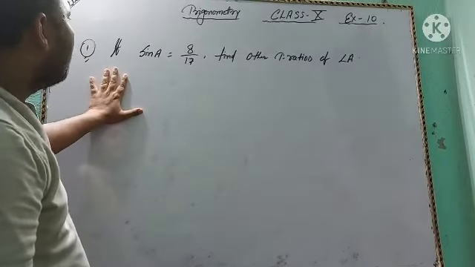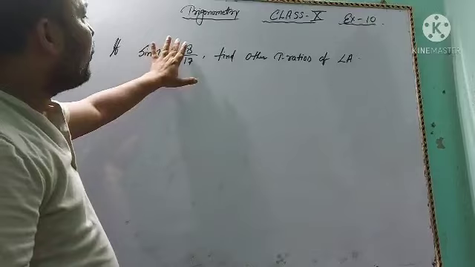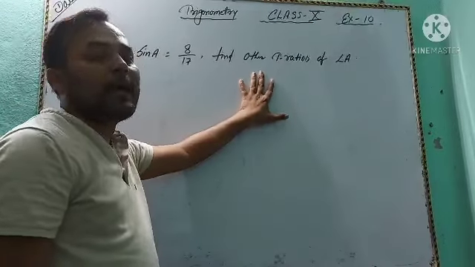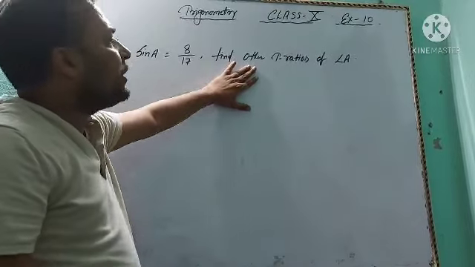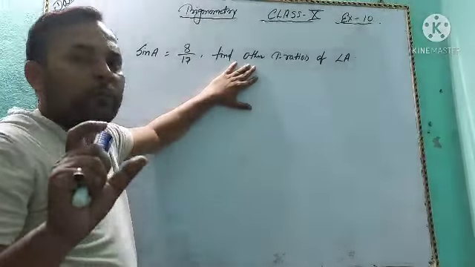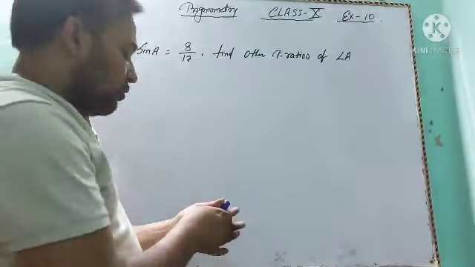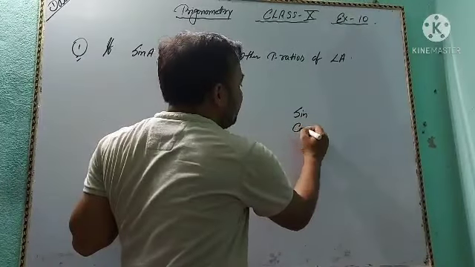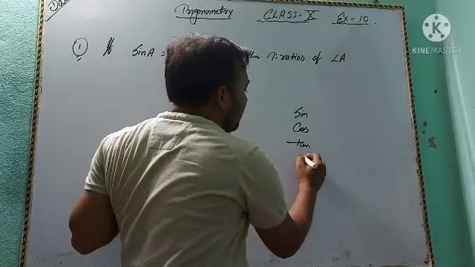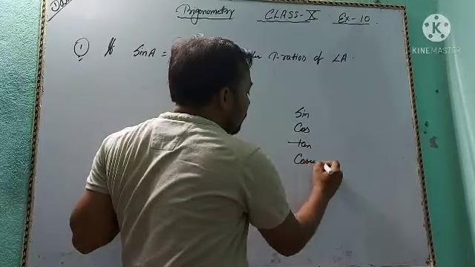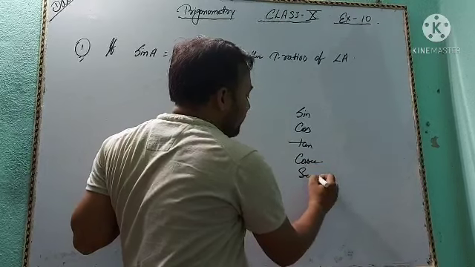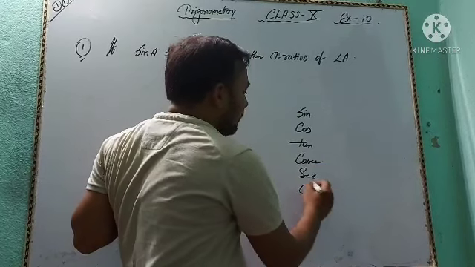our first example is, if sin A is equal to 8 by 17, find the other trigonometric ratios of angle A. Other trigonometric ratios, there are 6 trigonometric ratios. So find cos, tan, cosec, sec and cot.